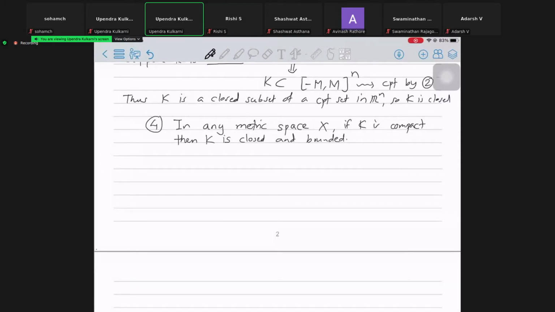So this is how we have laid out everything. Now let's do these things one by one, and we will begin with number 4.